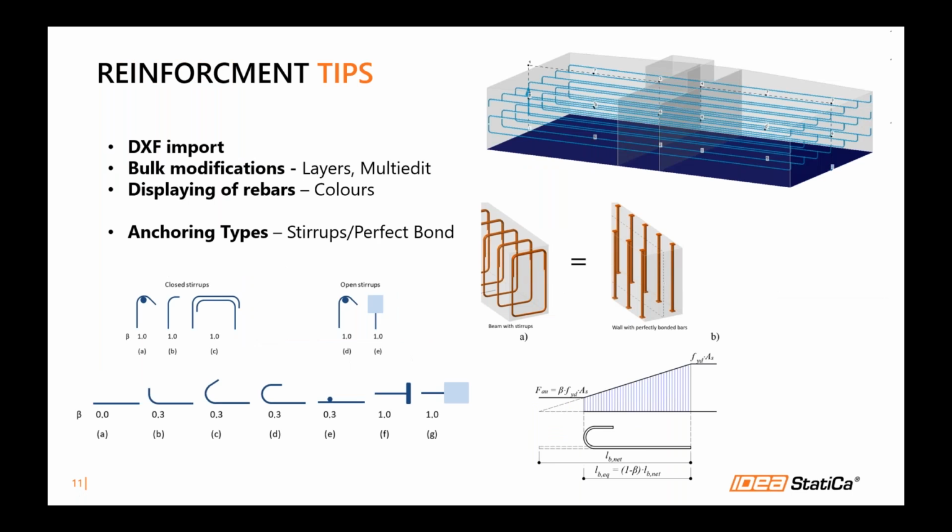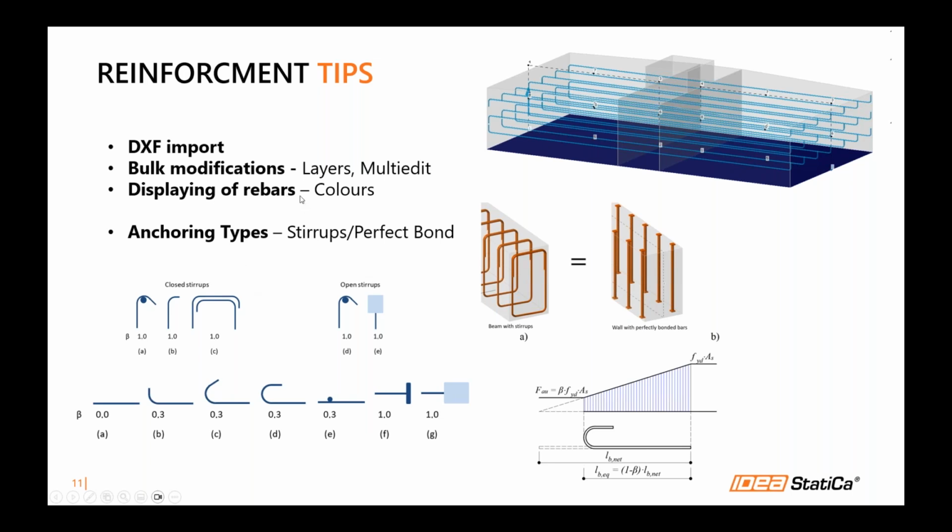There were also some reinforcement tips on how to simulate the stirrups when you have wall elements. As you can see, the B coefficient or the anchorage length reduction is the same for the perfect bond as for the stirrups.